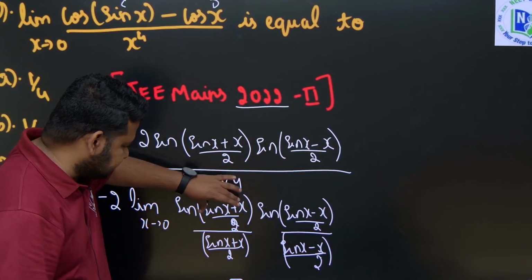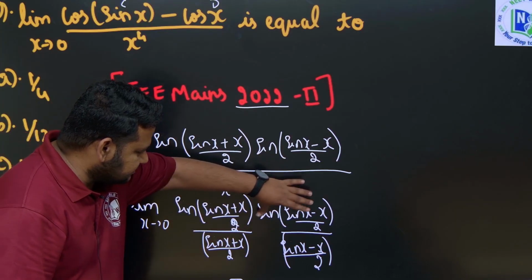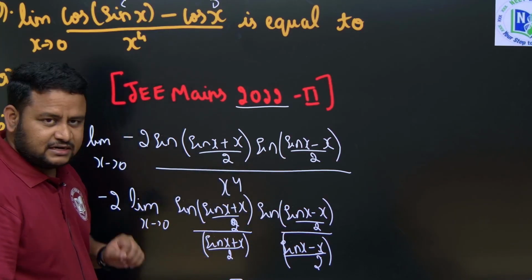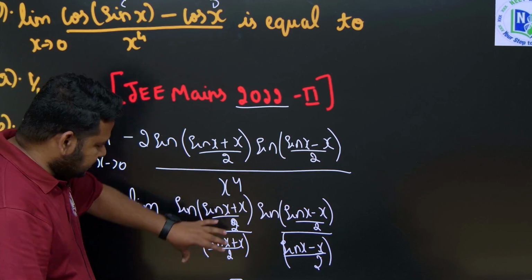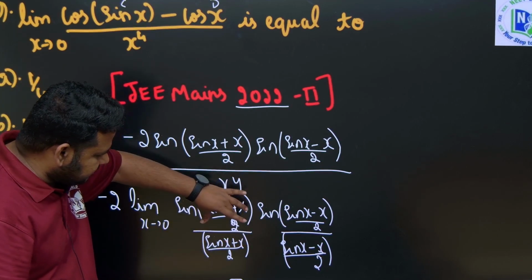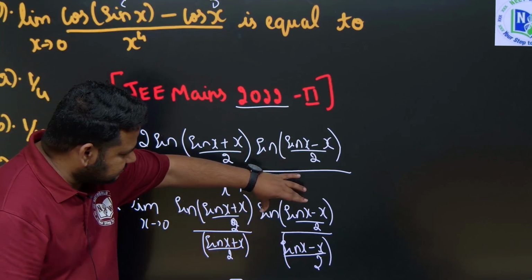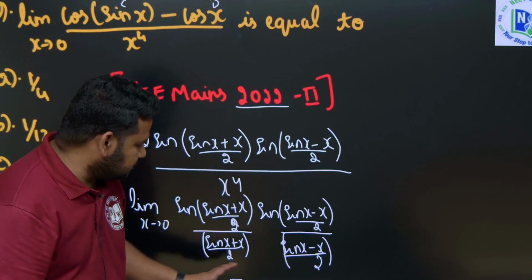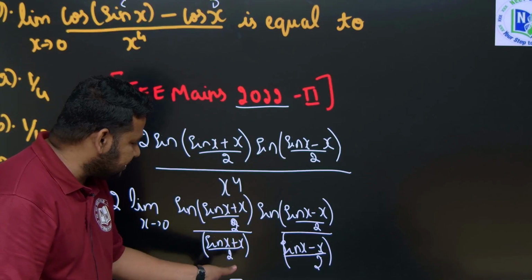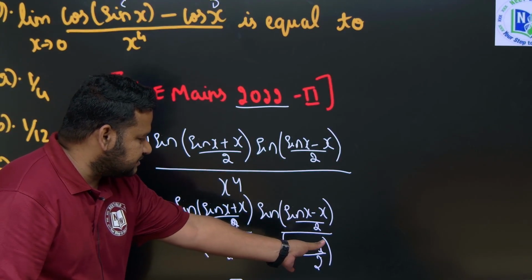I have divided by the same thing. If I divide, definitely I have to multiply with the same thing. I have divided by sin x plus x by 2, and I have divided by sin x minus x by 2. So I have to multiply sin x plus x by 2 and sin x minus x by 2 here.